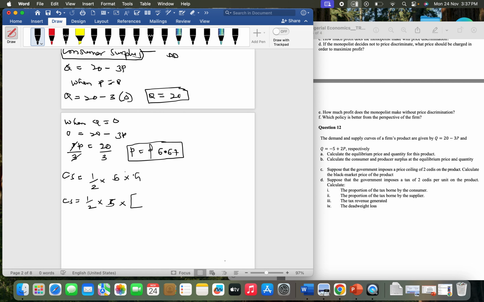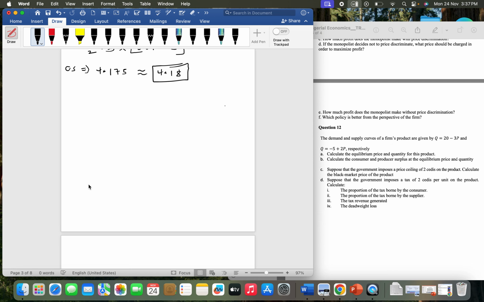So the consumer surplus is equal to half times 6.67 minus 5 times 5, which would give us 4.175, which is approximately 4.18. So that's our consumer surplus.